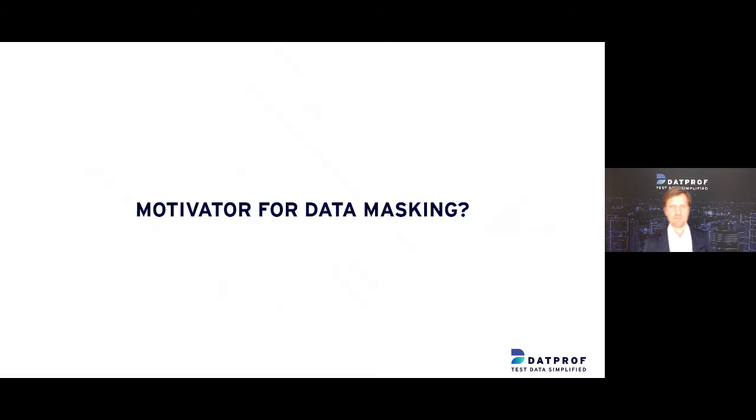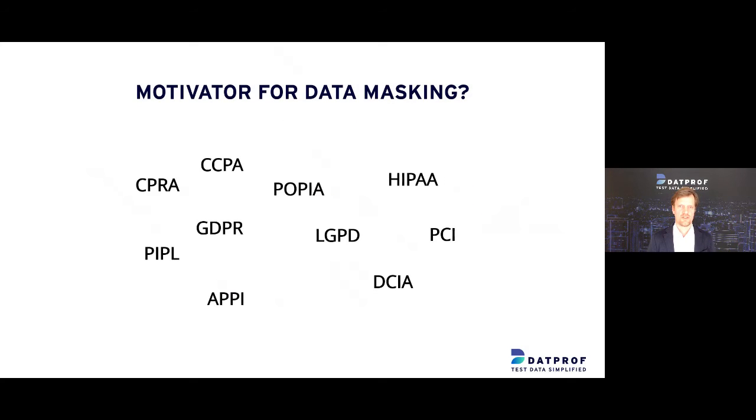In the end, every project starts, of course, with an initiator or a motivator to do something with data masking. For data masking projects, it's most commonly data protection regulations. There are many of them. There is, of course, the GDPR, the General Data Protection Regulation, which is primarily used in the European Union.